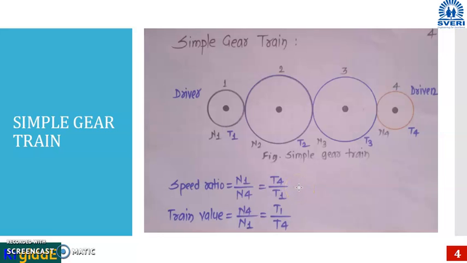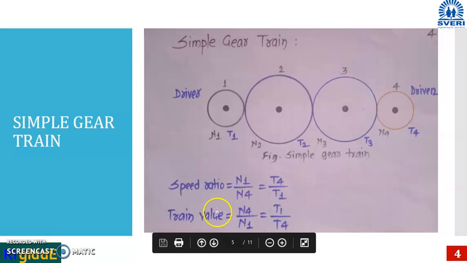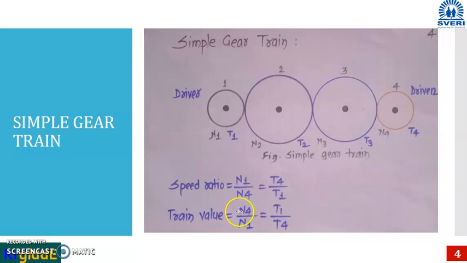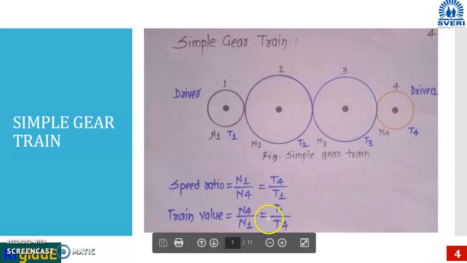So with respect to this simple gear train, the train value, which is the reciprocal of the speed ratio, can be written as the ratio of speed of driven to the speed of the driver, and is equal to the ratio of number of teeth on the driver to the driven.